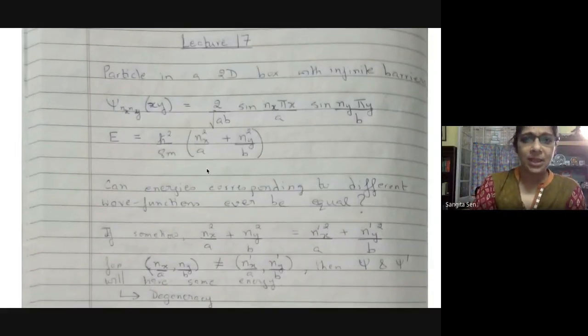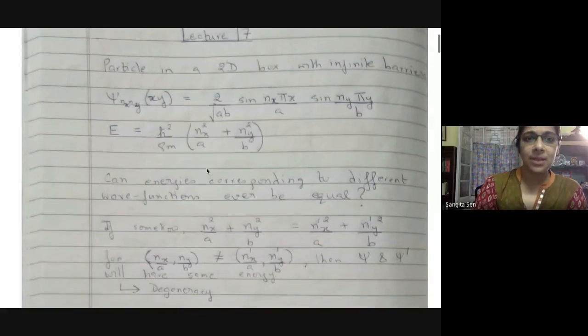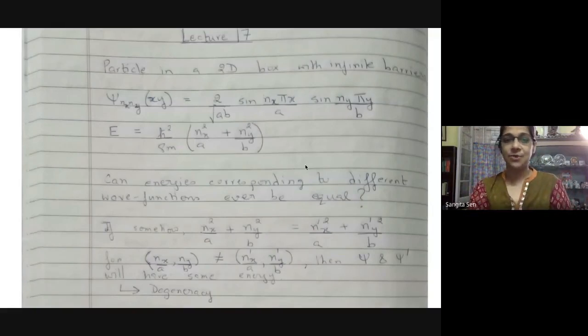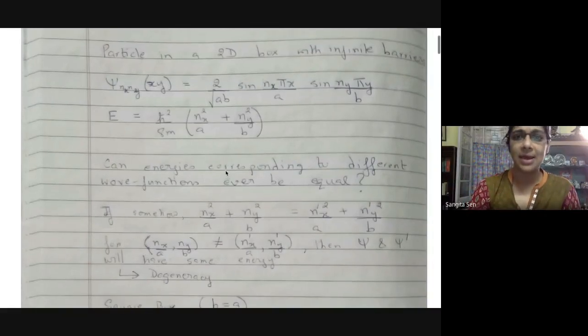So let us consider the following. Is there a way in which two different wave functions can now have the same energy? It is likely, because there are now two variables and you can have different combinations such that the sum is the same. Okay, so let us consider when this can happen.